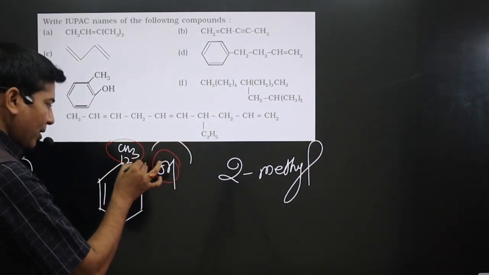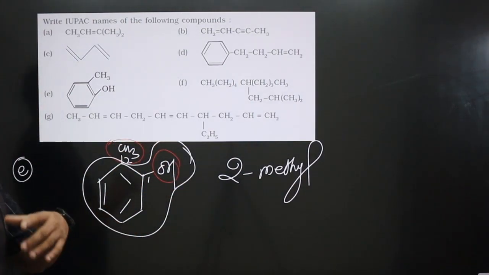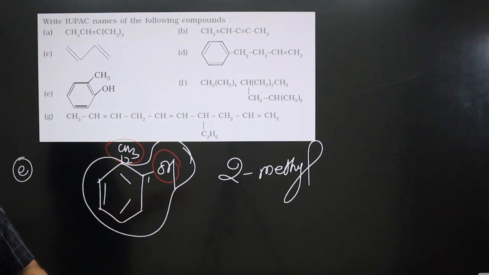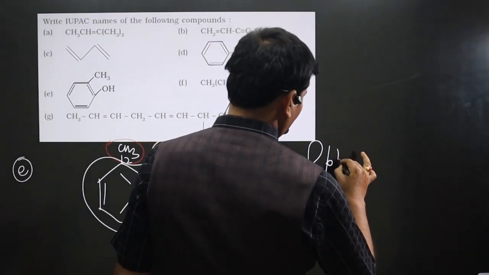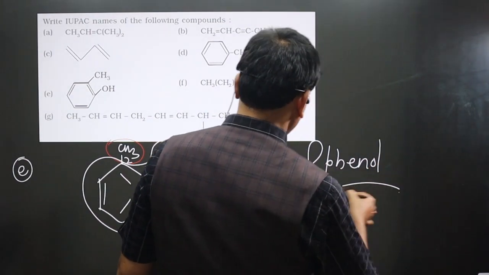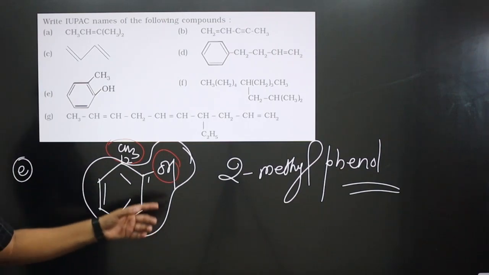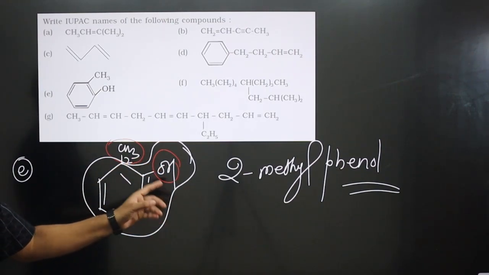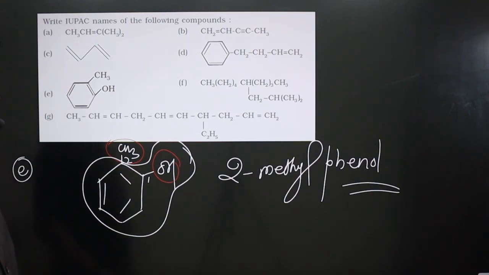And this entire portion is phenol. So as I said, in aromatic compounds we can use the common name also. 2 methyl phenol. This entire portion came as a phenol. And numbering also we did properly, because we started the numbering from the most priority functional group. Okay, 2 methyl phenol.